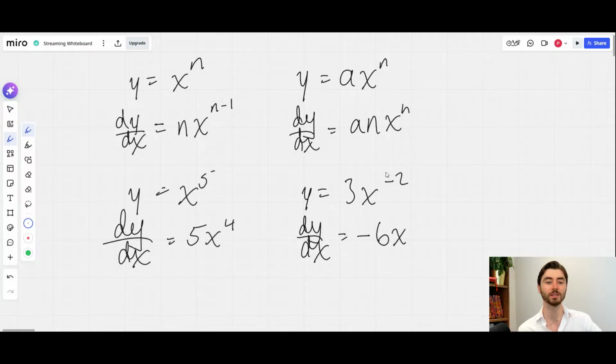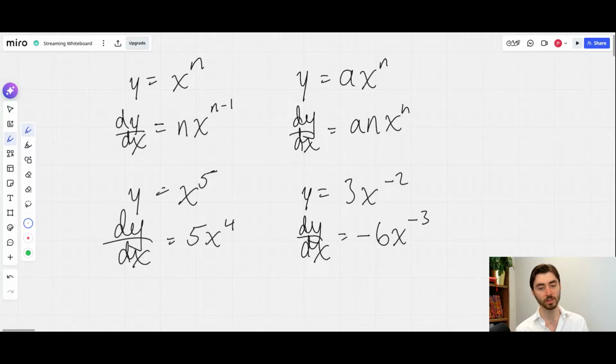And then we still need to subtract 1 from this power, which will bring it to negative 3. So just pay close attention when it's negatives that you're taking off and not just blindly making that, say, minus 1, which would be a common mistake when people are starting out. So the actual skill is not too bad. Just bring the power down, subtract 1 from the power.